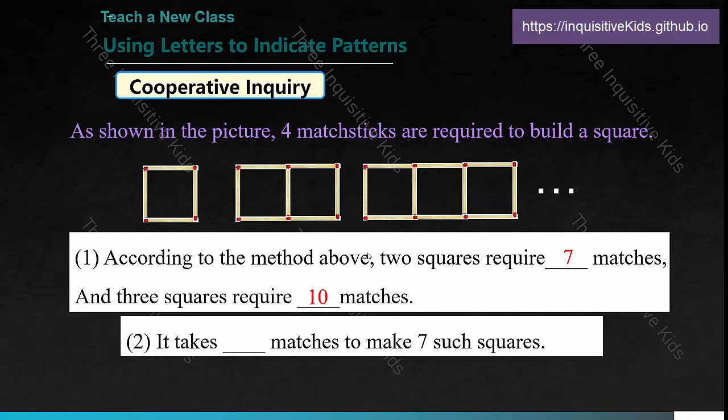And then I'm going to ask you to express it with a variable. Okay, so go off and start thinking about what is the pattern here. And if I have the pattern, how many matches does it take to make 7 such squares?